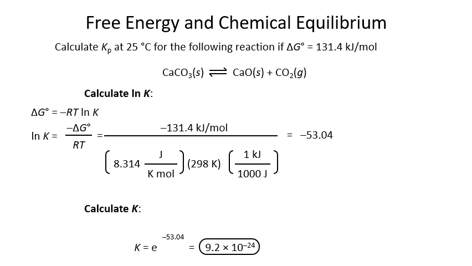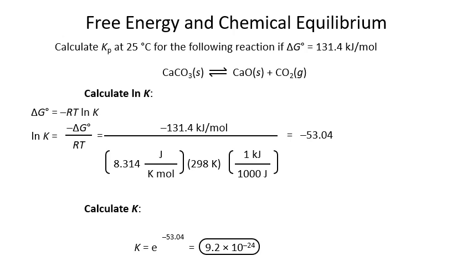Let's look at one of the examples. We need to calculate Kp at 25 degrees Celsius for the following reaction, with delta G equals 134 kilojoules per mole. To calculate K, we need to use the formula delta G equals negative RT ln of K. Rearrange the equation and solve for ln of K first, which in this example is negative 134 divided by 8.314 multiplied by 298 multiplied by 1 over 1000 joules, and that should give us negative 54.04.